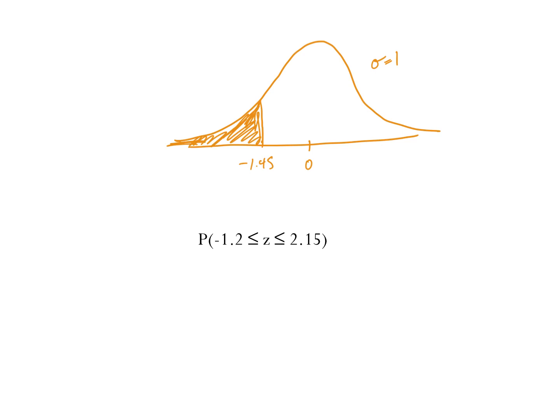So when I go to do that one, for my lower, I might make it negative gajillion. And then upper would be negative 1.45.